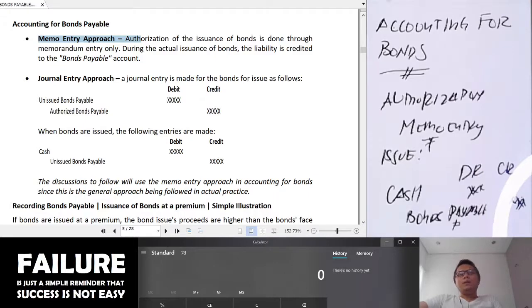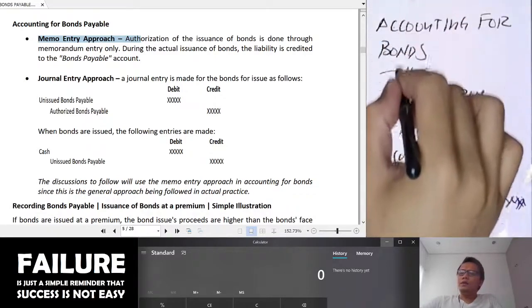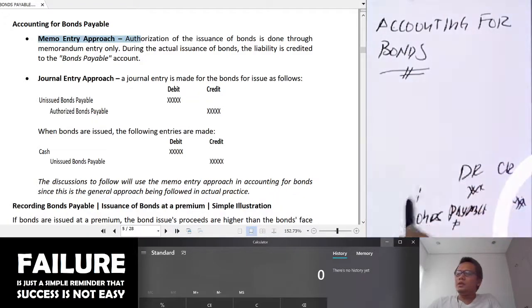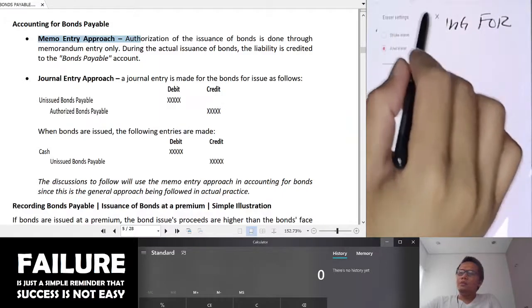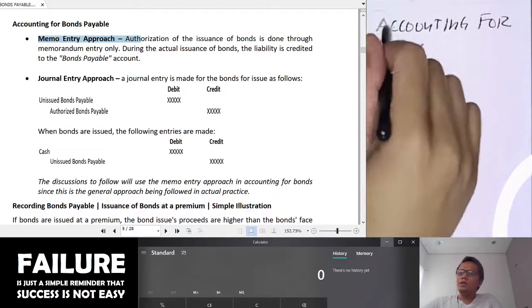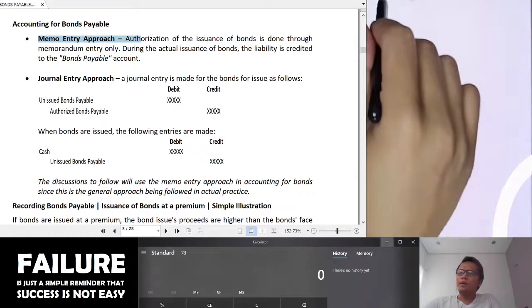In our discussion for today, for simplicity, we will use the memo entry approach, because that is the approach which is common in practice.